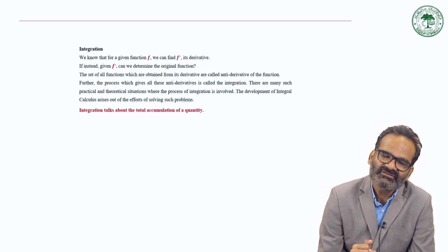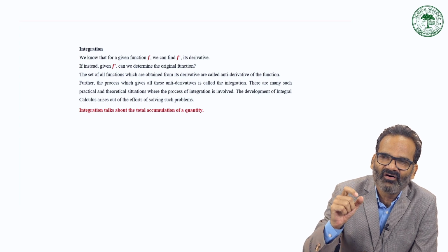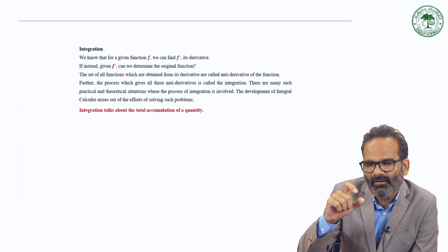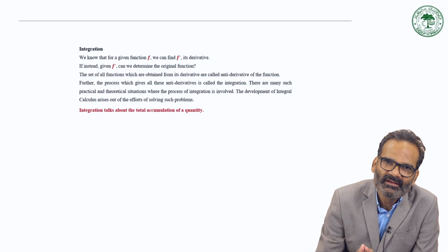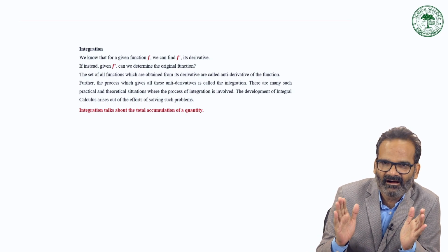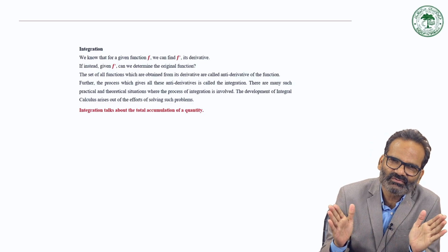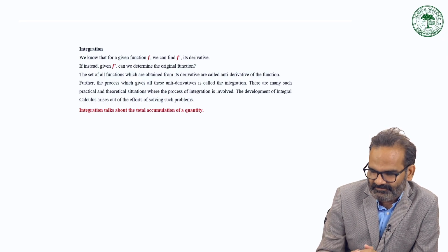So differentiation talks about disintegration, while integration talks about the total accumulation of an object or a quantity itself. That is the basic idea of integration. The single line definition is: the inverse process of differentiation is simply known as integration.